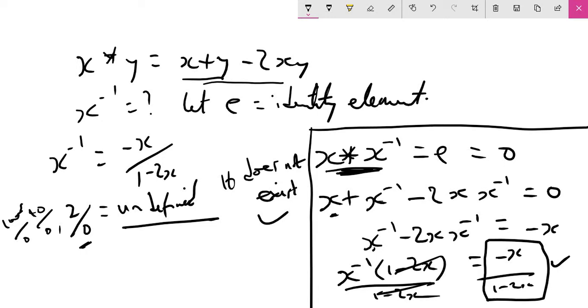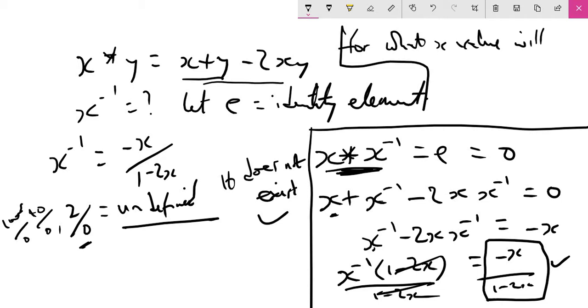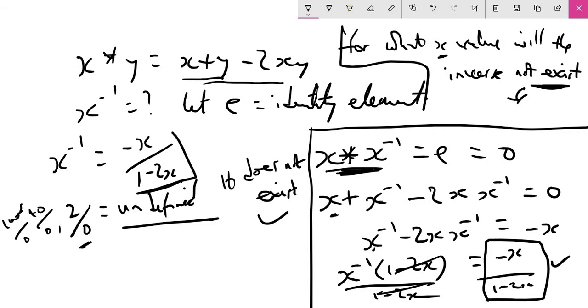Based on that, the question said, I'm just going to reframe it here. For what x value will the inverse not exist? When we say a number does not exist, it means it is undefined. So what value of x will make this particular expression undefined?